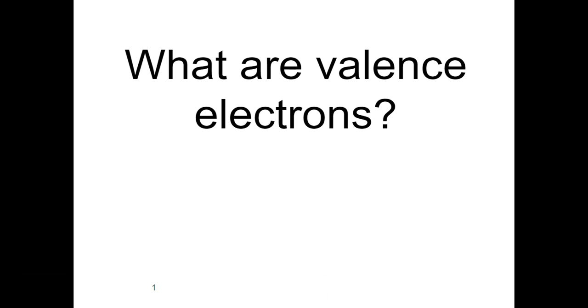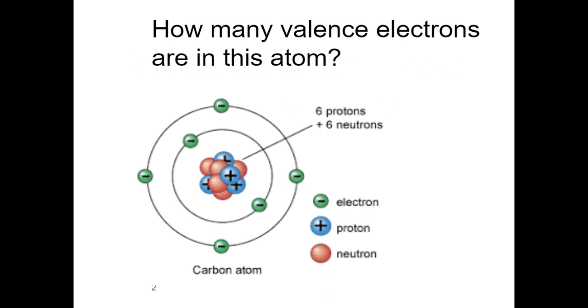But before we go to that, since we are talking about electrons, I want you to know what valence electrons are. The knowledge of this will also be used later on when we get to bonding. Valence electrons are the electrons that you can find on the outermost part of the atom.